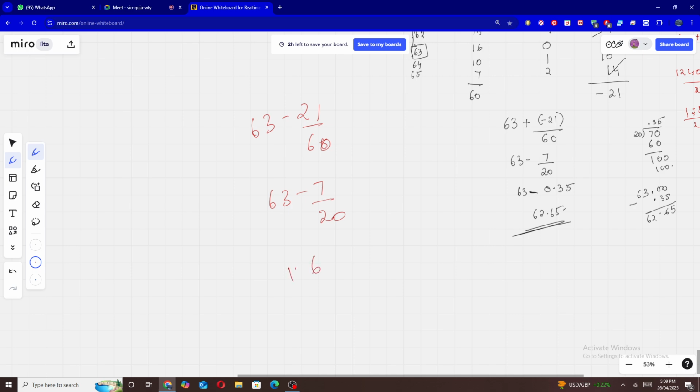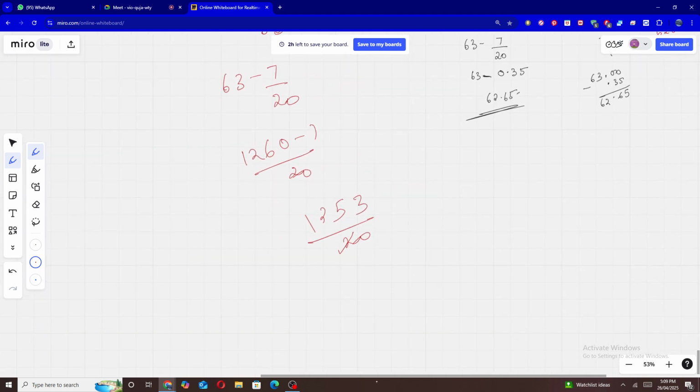So this is 63 minus 7 by 20. So 1260 minus 7 is how much? By 20. 2 ones are 2, 6, 2, 1 comes here. So how much is it? 6, then 5. Yeah, that's what we got.